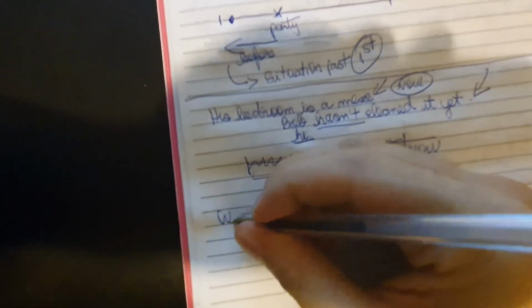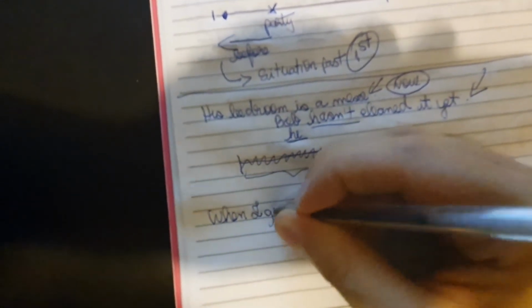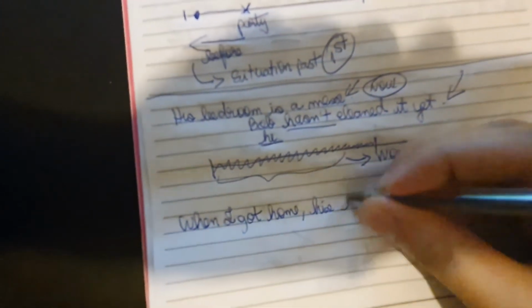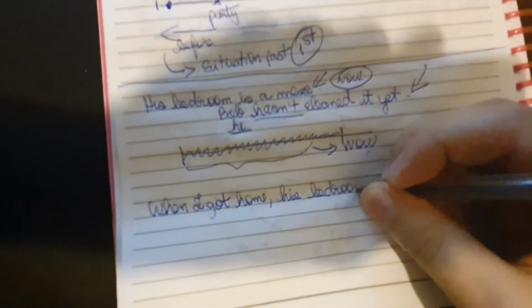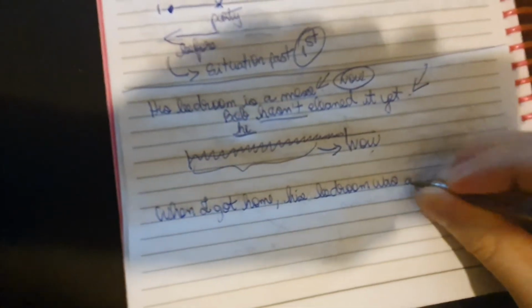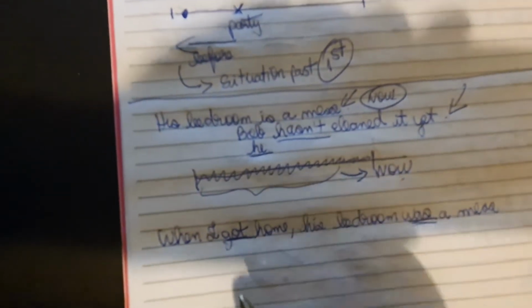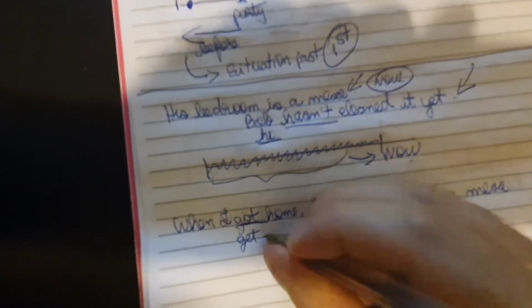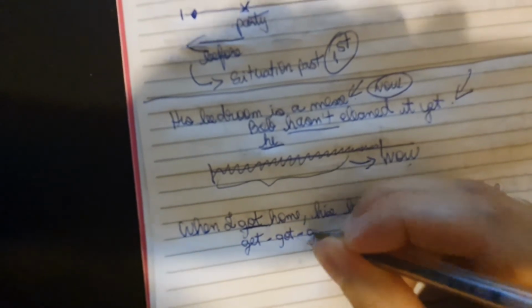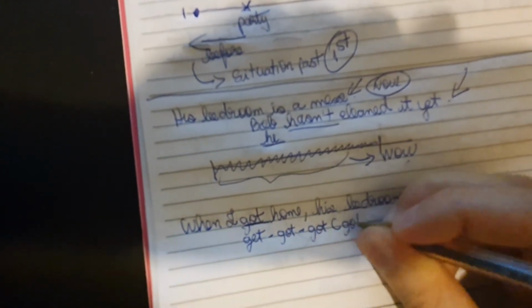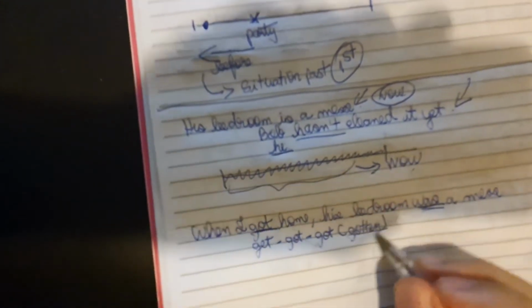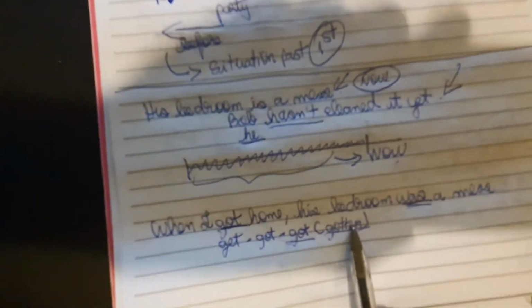When I got home, his bedroom was a mess. Got is the simple past of the verb get. Get, got, got, or gotten. It's a possibility. Get, got, gotten.